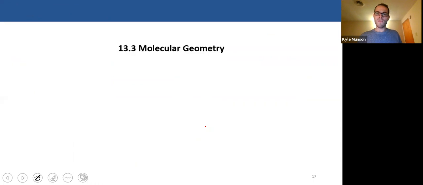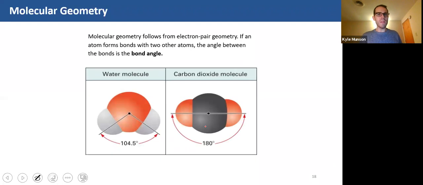Okay, so let's move over to molecular geometry now. So molecular geometry just follows naturally from electron pair geometry. So if atoms form bonds with two atoms, the angle between the bonds is the bond angle. So you could see here a water molecule, where you have an oxygen and the hydrogens right here. So one hydrogen, one hydrogen.